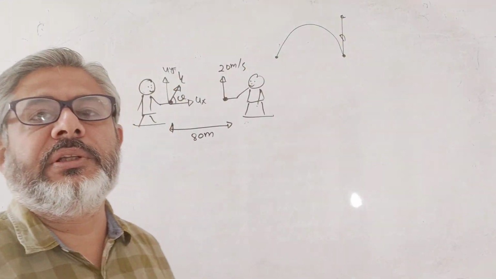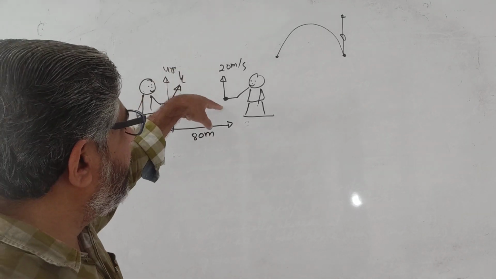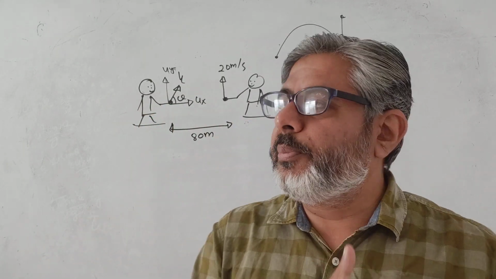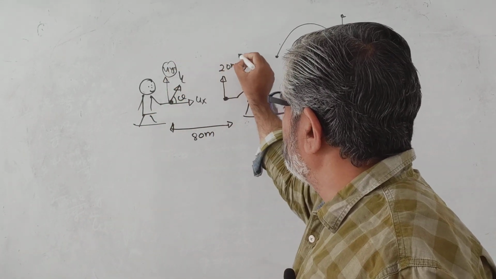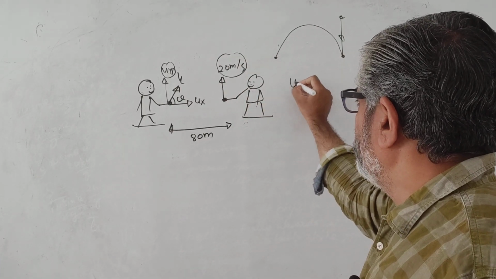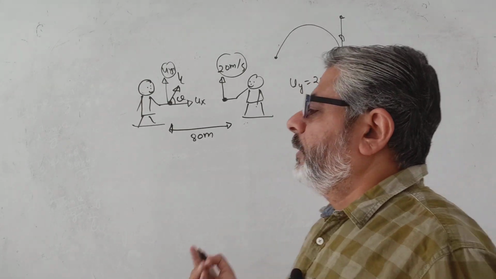You understand this point, I think. So in the same time, this comes from here to here, in the same time this goes up and comes down. This can only and only happen if this component of velocity and this is equal. So we can say that in this question uy is equal to 20 meters per second.